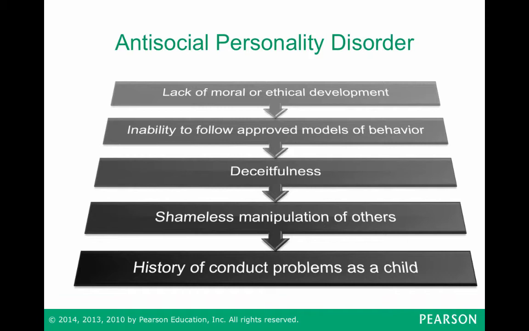Now, when we're making this diagnosis, something that's important to remember is that this behavior must have been occurring since the age of 15. And before age 15, this person must have had symptoms of conduct disorder, which is very similar to antisocial, but if they're 15 and below, we label it more as a conduct disorder.